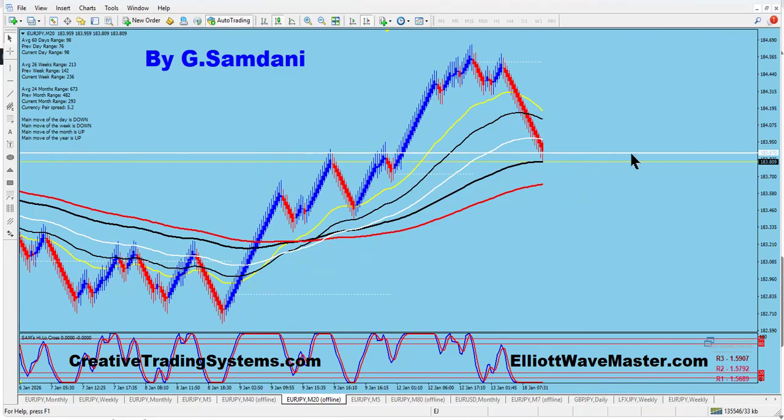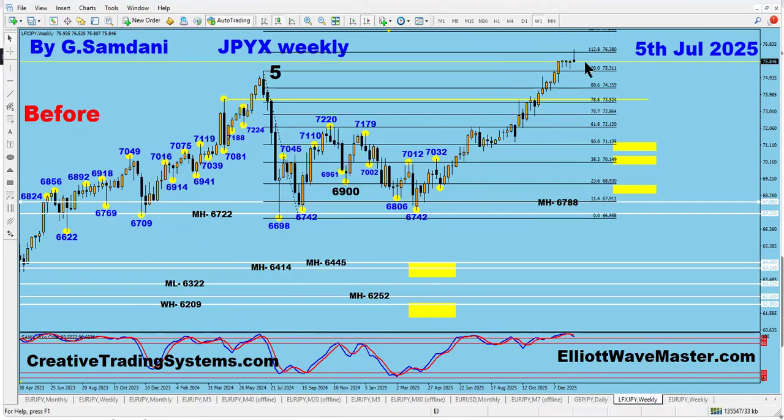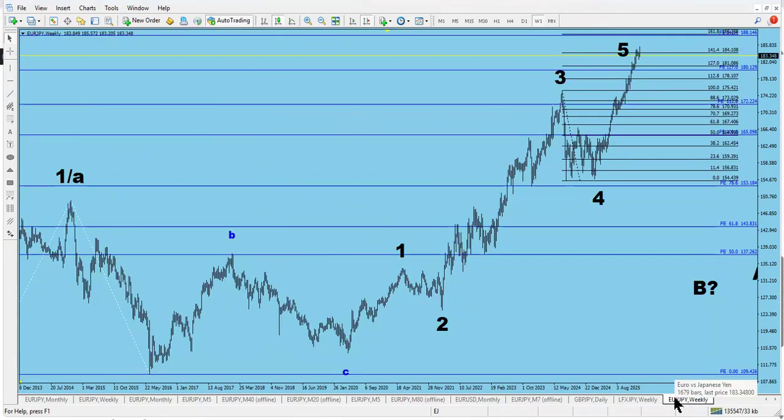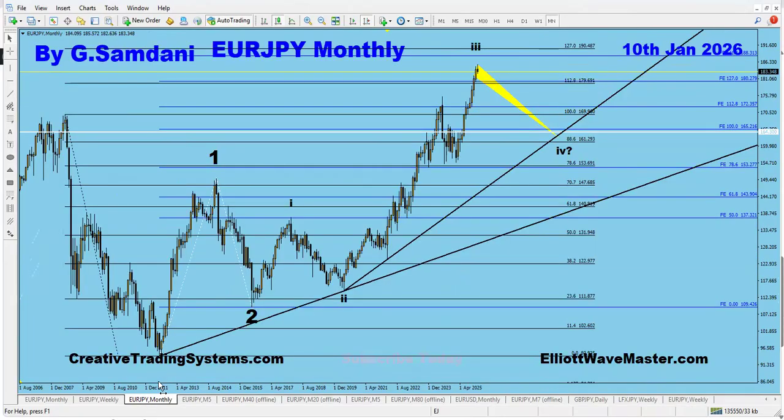Okay, so this is how the system works. I do analysis on my weekly, monthly chart. For example, I just showed you that I have the yen index chart showing this, right? This is the yen index chart. This is the euro yen Elliott wave count, but you don't have to go through all of that unless you want to become an expert in Elliott wave. Then, like I said, sign up for one-on-one, and I'll make you do that, right?